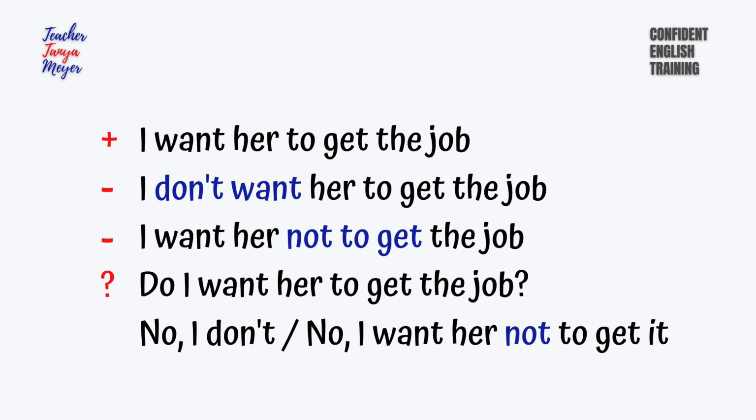So that's an option. So the difference in meaning between I don't want her to get it, the emphasis is on me, on what I want and what I don't want. And I want her not to get it is the focus is not on me, it's on her not getting it.